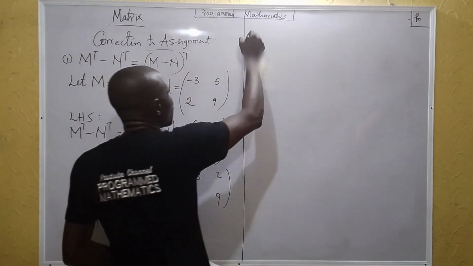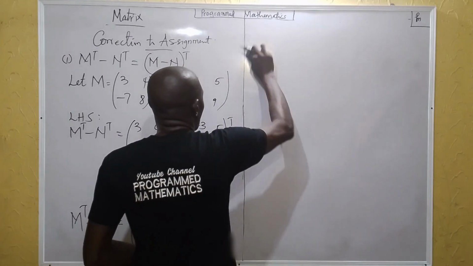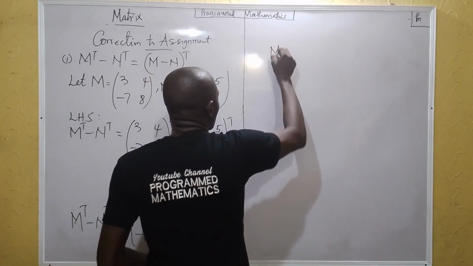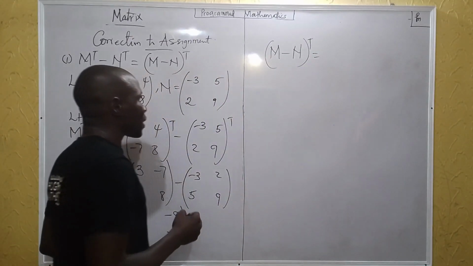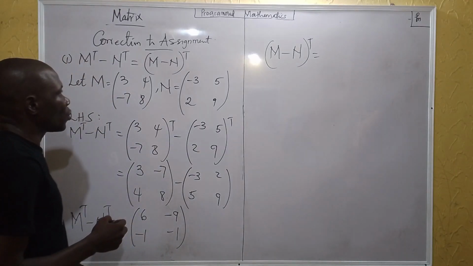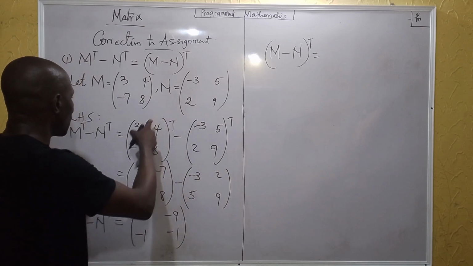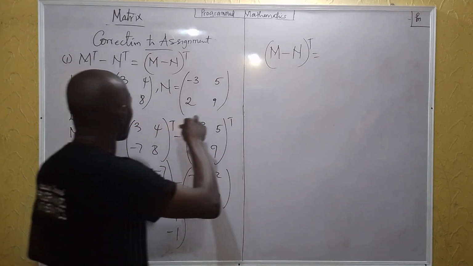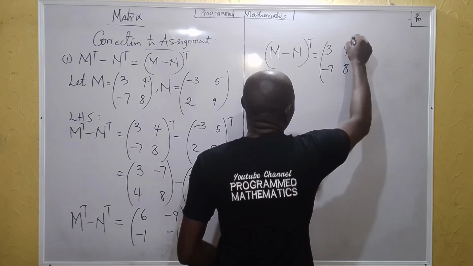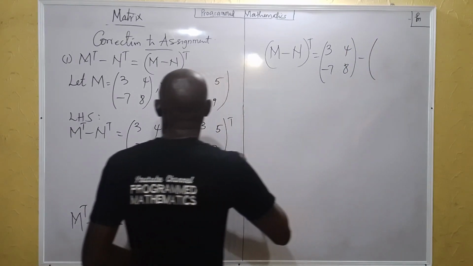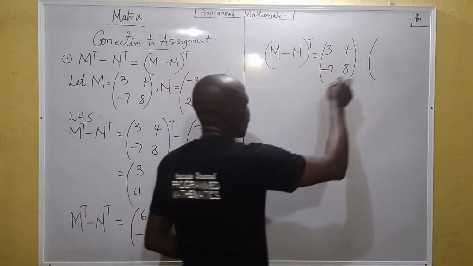Now let's see if we have M minus N transpose. We subtract the matrix N from matrix M, and we get the transpose of the result to see if it's going to be the same as this. Matrix M is 3, 4, minus 7, 8, minus matrix N, which is minus 3, 5, 2, 9.